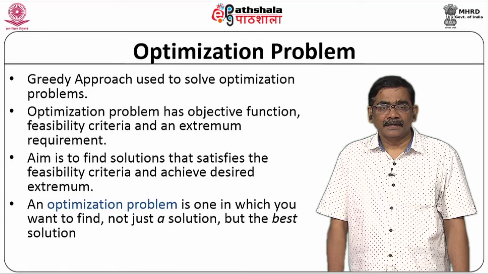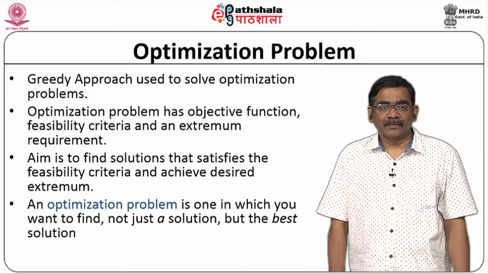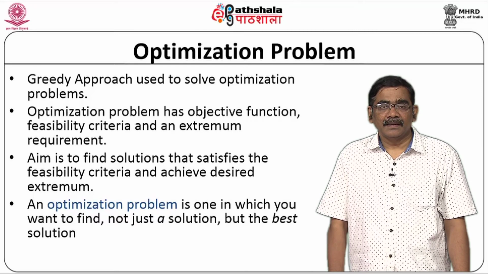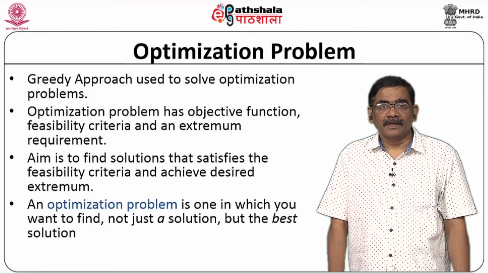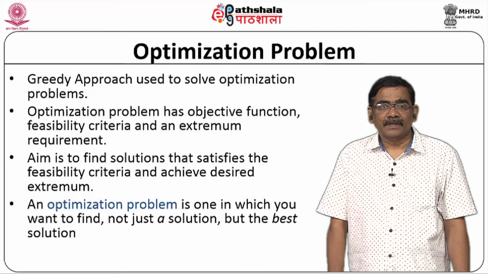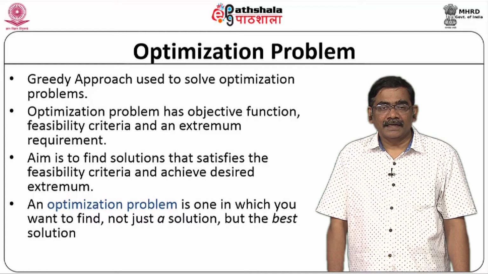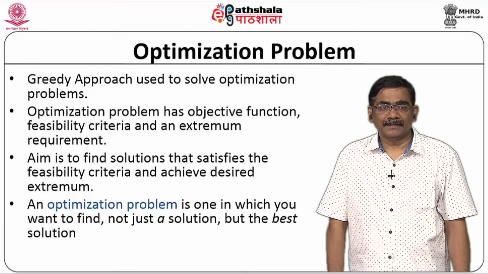Out of that, some solutions are the best solutions that satisfy not only the feasibility criteria, but also the objective function maximization or minimization. These sorts of solutions are called optimal solutions, and the aim of computer science is to design solutions that are considered to be optimal solutions.